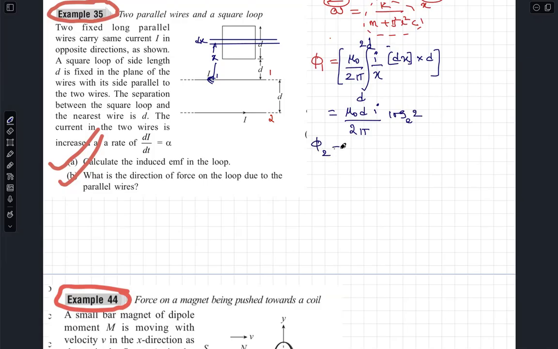Similarly, flux due to the other wire, this one is inward flux. Flux due to the other is plus mu naught by 2 pi times, from 2d to 3d. Everything is the same again.